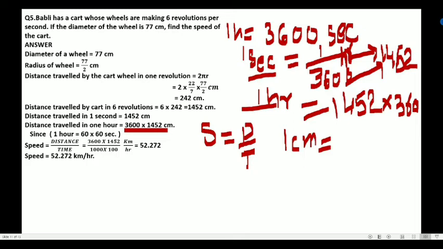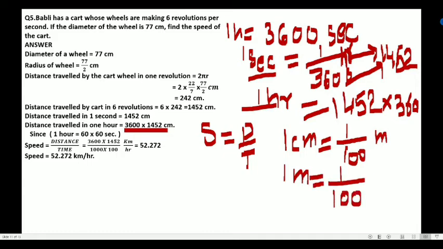So 1 centimeter has 1 upon 100 meters. Now 1 meter has how much kilometer? 1 meter has 1 upon 1000 kilometers. So this meter, while dividing by 1000, will convert into kilometer.